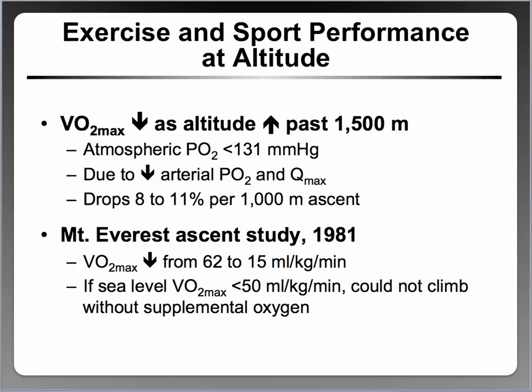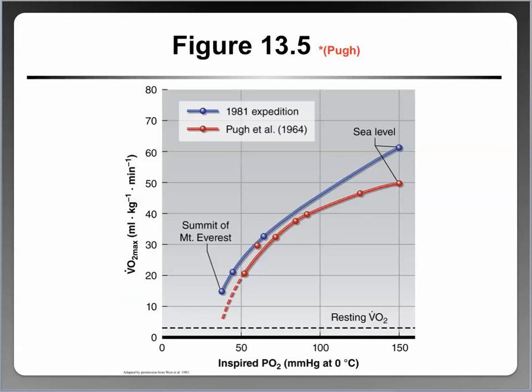It's something that a lot of people like to try, to climb Mount Everest without the use of supplemental oxygen. And one of the things that they found was that if you had a VO2 max of less than 50 milliliters per kilogram per minute, you wouldn't be able to climb Mount Everest without supplemental oxygen, because you wouldn't have enough aerobic capacity to get that oxygen in.